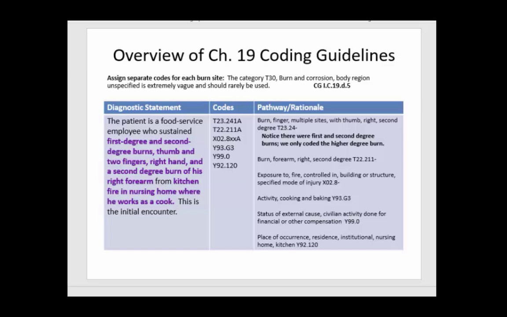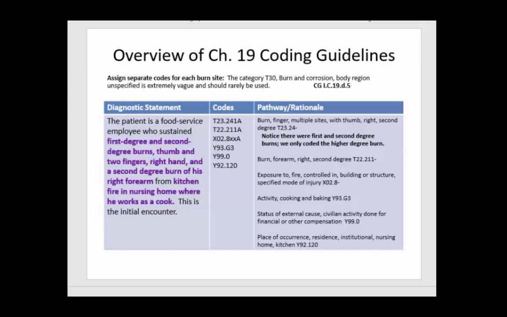There is a code, T22.—, for a burn of a finger multiple sites, because in this case our diagnostic statement tells us it was first degree and second degree thumb and 2 fingers. Remember from an earlier guideline we were told we only code the higher degree burn.